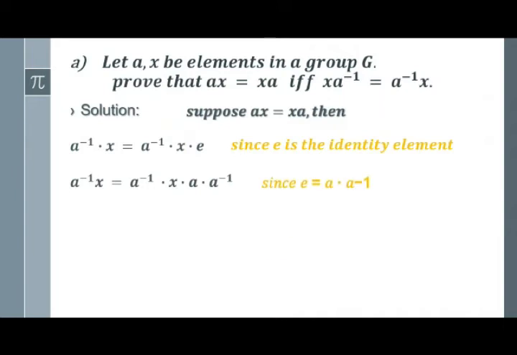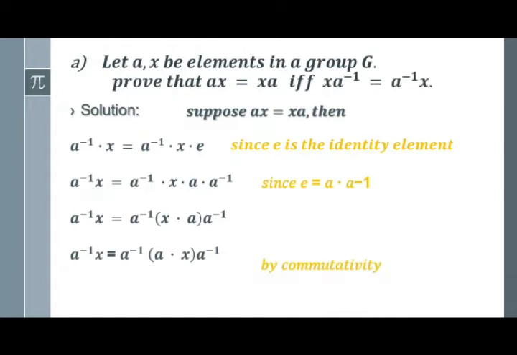Since E is equal to A times A inverse, A inverse times X is equal to A inverse times X times A inverse. Then we have A inverse times X is equal to A inverse times A times X times A inverse by commutativity.